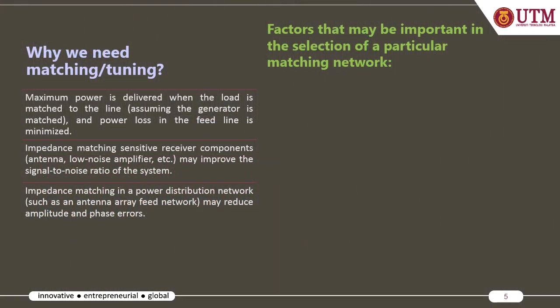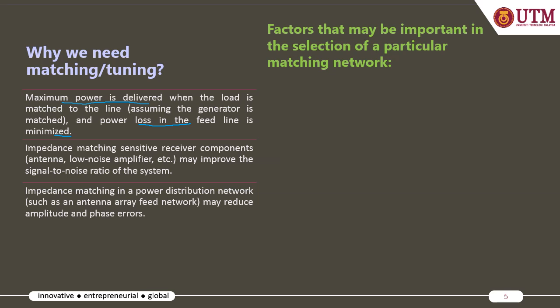Okay, so why do we need matching or tuning? Impedance matching, also known as tuning, ensures maximum power is delivered to the load. The line is matched to the load, so the power loss is minimized.